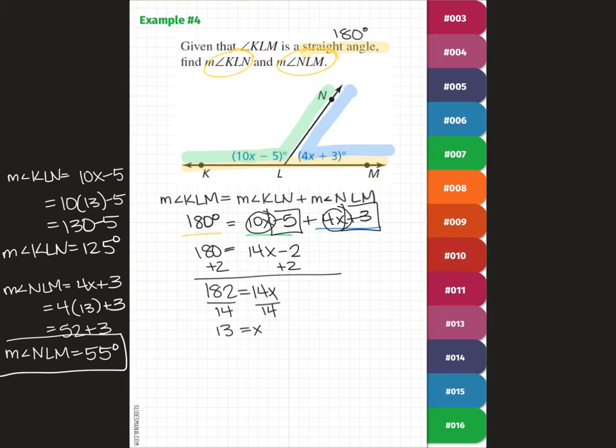So here are my two angles. And if I want to check, then I can say over here 125 plus 55. That's going to give me 180, which is exactly what I want. So I've done it correctly. I hope you got that x was 13, KLN was 125, and the measure of angle NLM was 55 degrees.